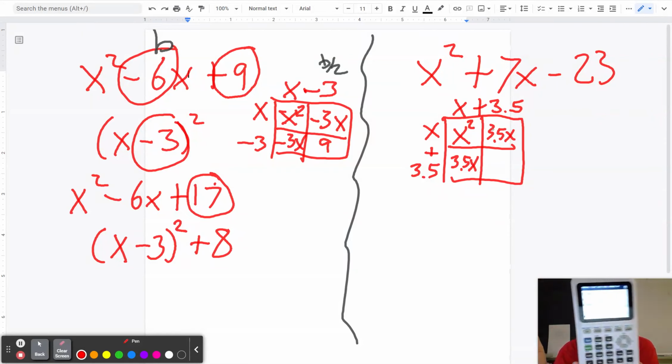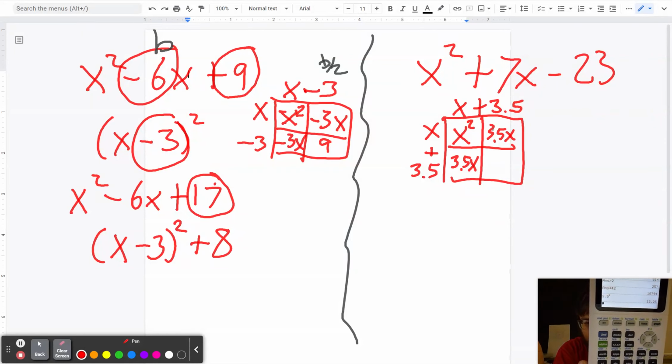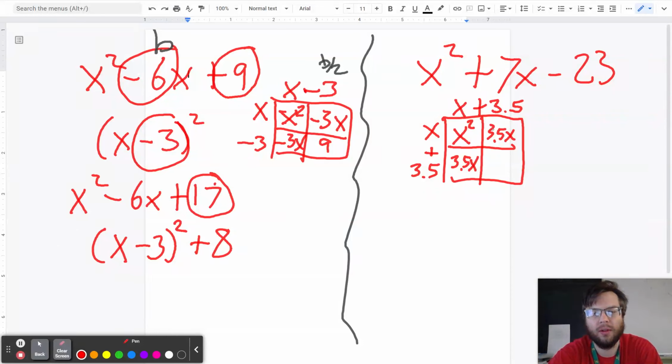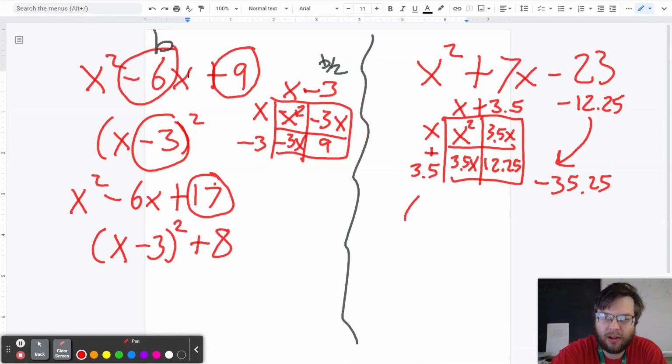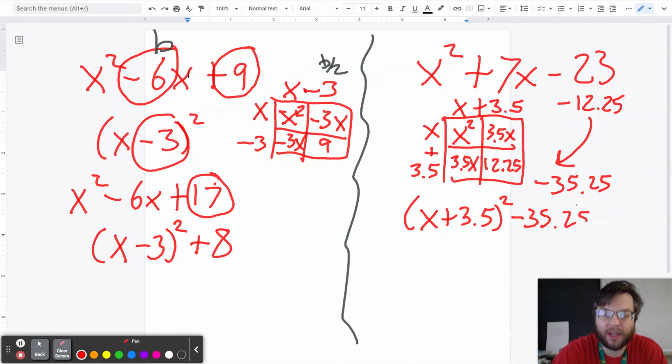So I just type that into the calculator. 3.5 squared is 12.25. So I take my negative 23, I subtract 12.25, and that gives me the number that's going to go outside the square, negative 35.25. So now I've completed the square to say x plus 3.5 squared minus 35.25.